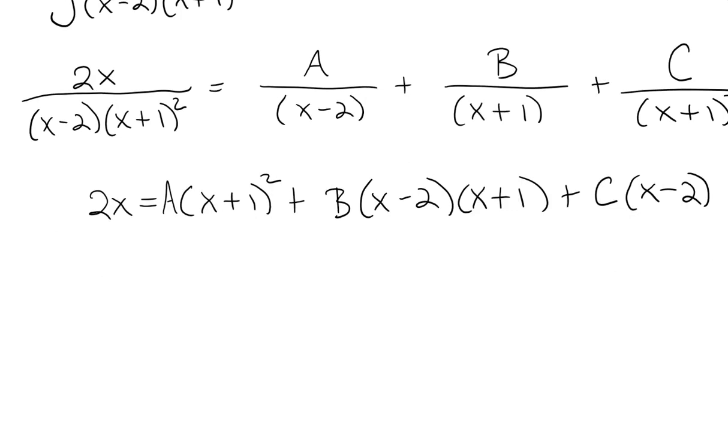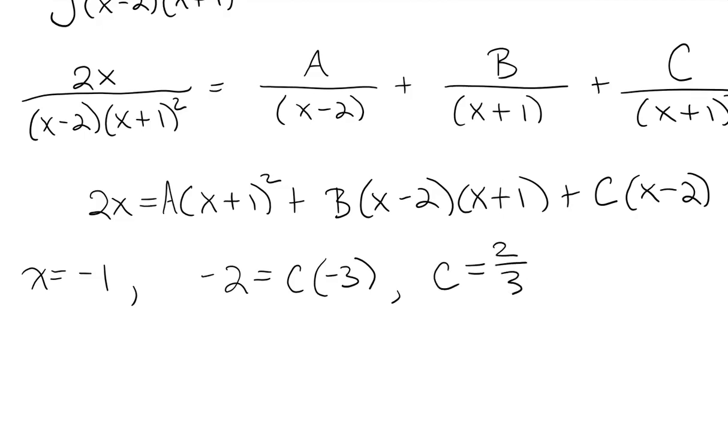Now, if we choose x to equal -1, then on the left-hand side we'll get -2 is equal to, well, the a term will cancel out and the b term will cancel out, and we'll say c times -3, which means that c is equal to 2/3.